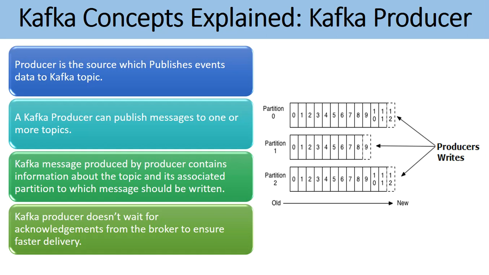For example, on partition 0, the first message will be written at offset 0, and then subsequently it will be written at offset 1, 2, 3, 4, 5, 6 onwards. The latest message will be written in the next available offset. So this ensures that we have an ordered delivery of the messages from the publisher to the partitions within the topics.